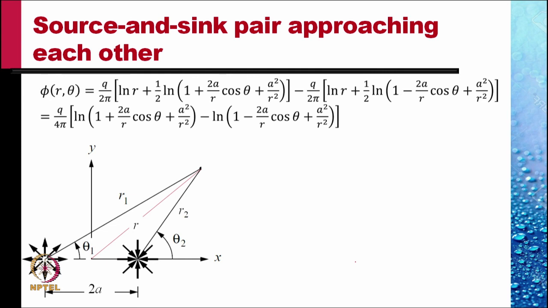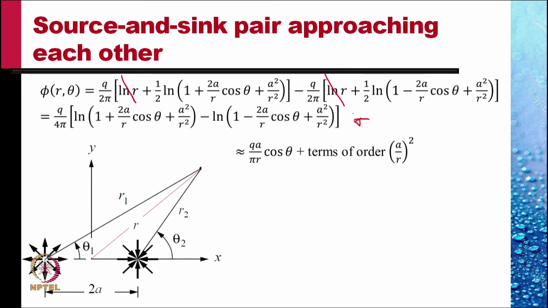The two together give this, and if we look carefully, this ln r cancels with this ln r, and we have this result, which is approximately QA divided by pi r cosine theta plus terms of order a by r whole square.